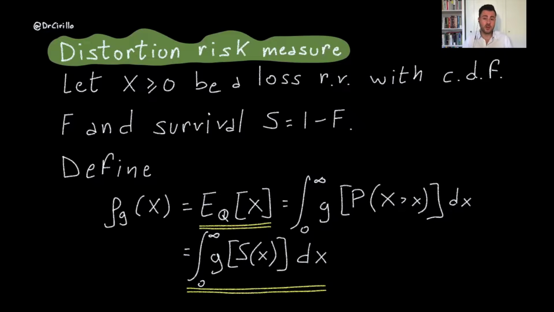Obviously, if you are investing, typically profits are positive and losses are negative, but in the risk management framework, we are a little bit pessimistic, not optimistic, and we look at losses, so these are the positive quantities for us.